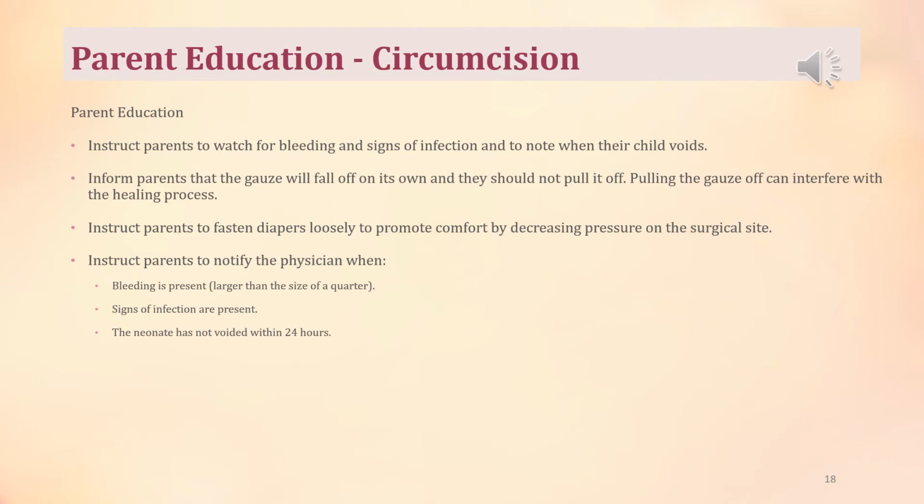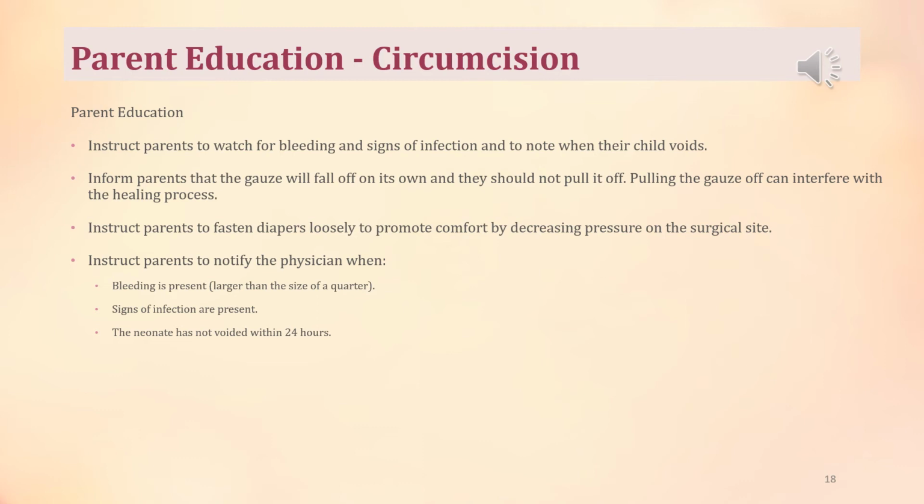Okay, so some patient or parent education for circumcision. We're going to make sure that we instruct mom and or dad or significant other to watch for bleeding or signs of infection. We tell them usually to leave the site alone. You don't want to wipe it with a wipe unless the stool has gotten on it.